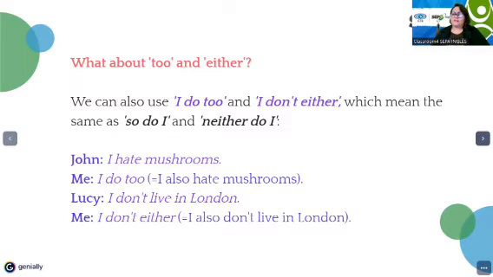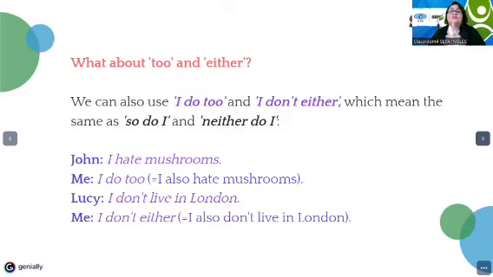I do too. I don't live in London. I don't either. You observe what I said before? Think about it. In the previous chart, we were talking about so at the beginning, but in this case, I'm talking about too at the end.